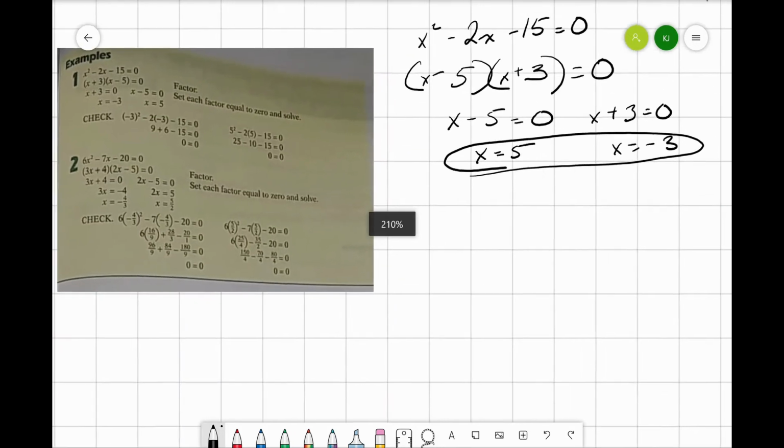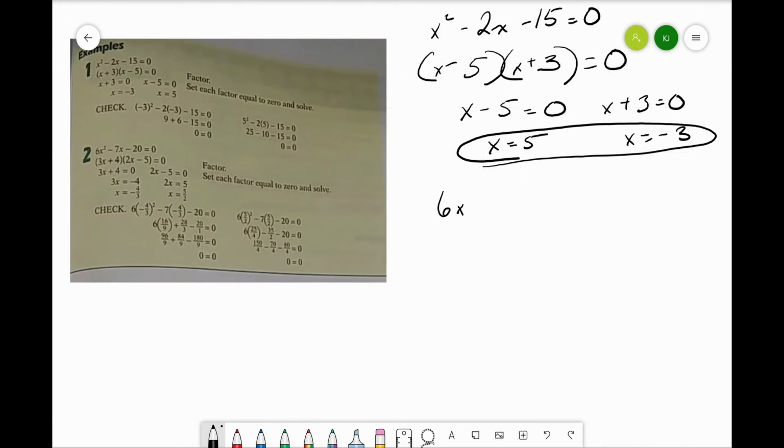Now if we have 6x squared minus 7x minus 20 equals 0, again, we're going to factor this. So we have our x's. Because the signs are both subtract, we're going to have positive and negative.